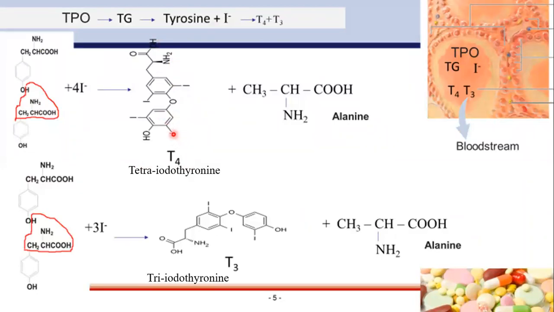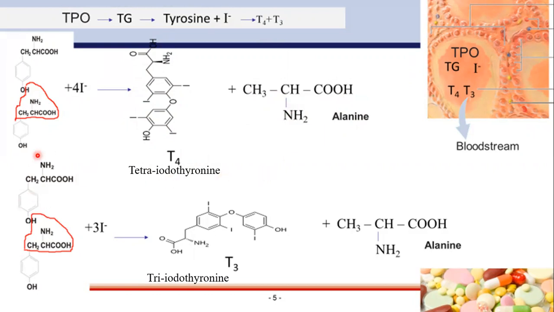Tetra means this molecule contains four atoms of iodine: 1, 2, 3, 4. That's why it is called tetra, 4. Tetraiodothyronine or thyroxine, abbreviation T4. And one molecule of alanine is also synthesized.